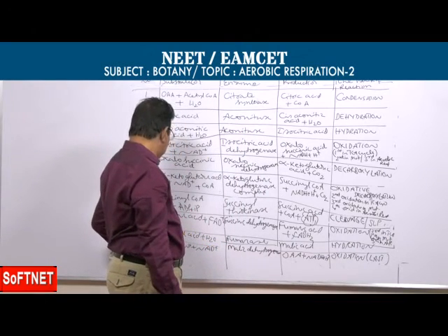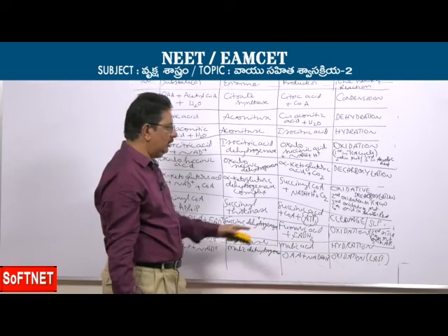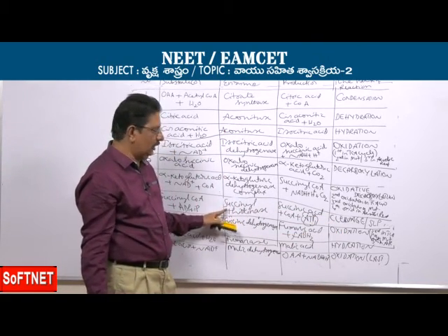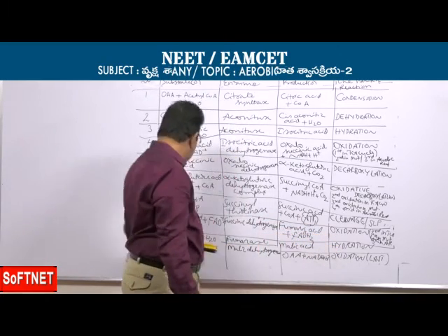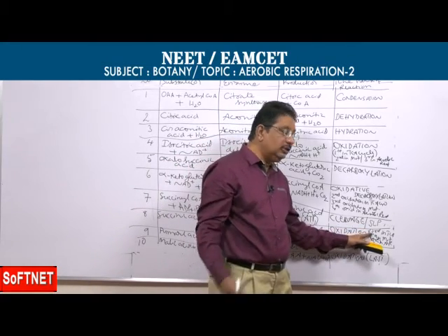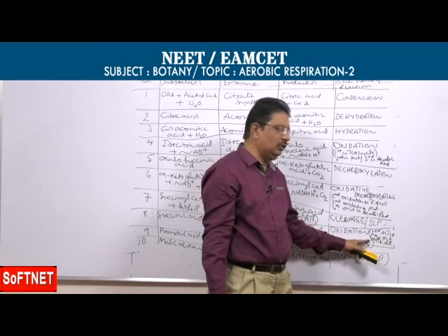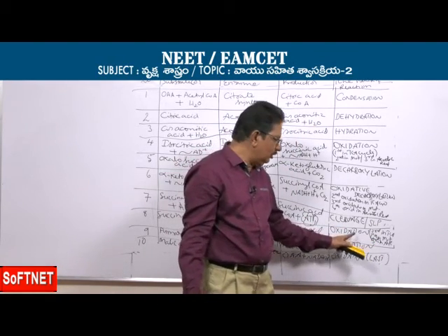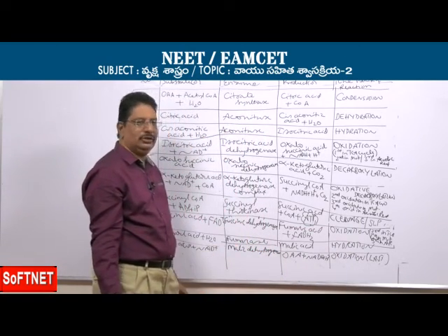So, the so called seventh step in TCA cycle is SLP, enzyme is succinyl thiokinase, and the next one is oxidation, and this eighth step is an oxidation. Actually, this is third oxidation in TCA, fourth oxidation in mitochondria, and fifth oxidation step in aerobic respiration catalyzed by succinic dehydrogenase.